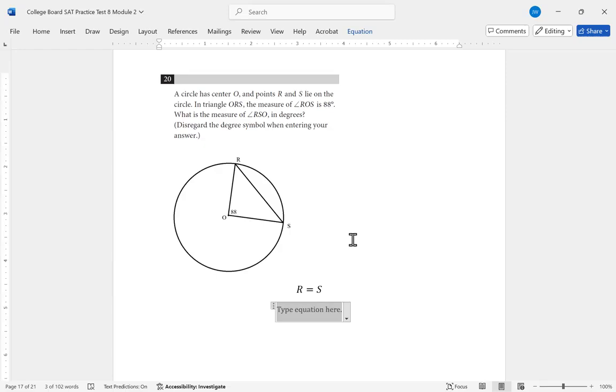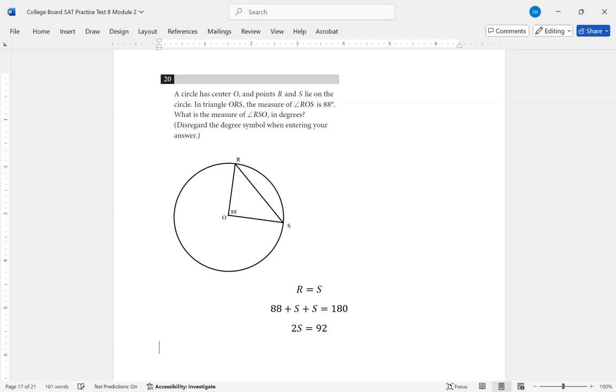we can safely say that 88 plus the angle at R plus the angle at S, so plus the angle at S plus the angle at S, all add up to 180. I said R and S, and I'm replacing the R with an S since they're both the same angle. So all we have to do is solve that equation, subtracting 88 from both sides, and then combining the S plus the S gives me 2 times the angle at S is equal to 92 degrees.